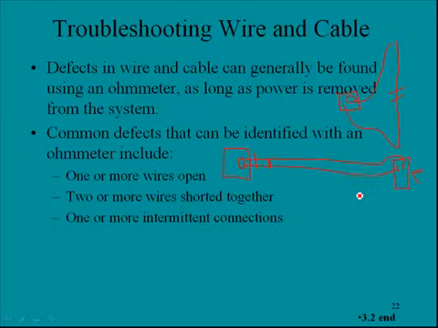Then they come over here with their ohmmeter and measure this point and this point, and they should read 0 ohms because they're measuring from here through the circuit and back. Now, if they read infinite ohms, it means that there is a break in this wire, and then something has to be done about it.